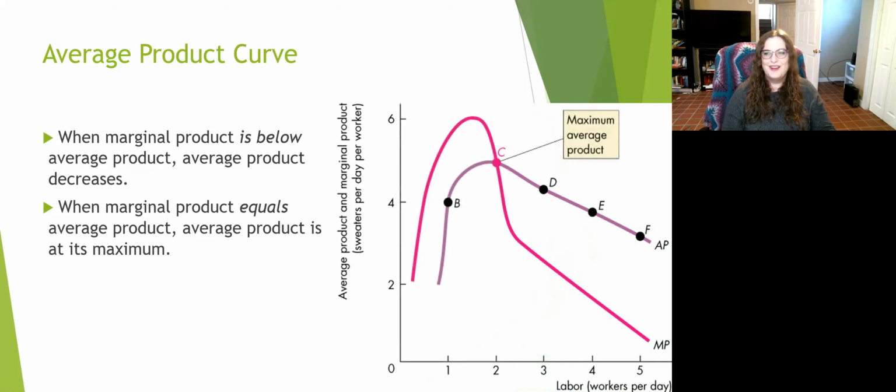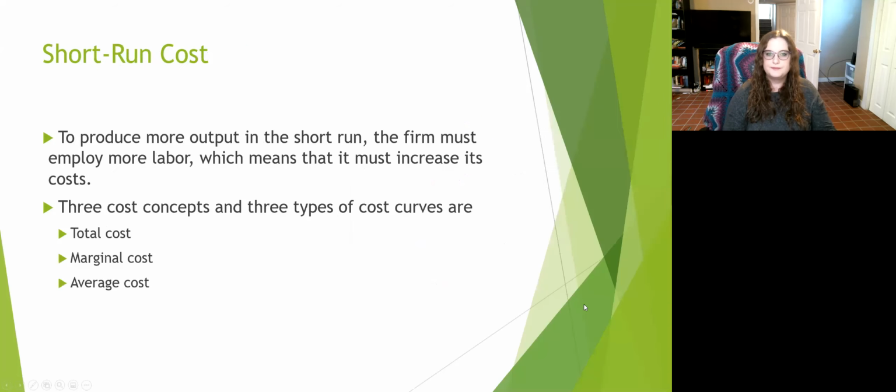Isn't that kind of cool? I think that's kind of cool. So this right here, wherever these two lines cross, we know that that is the maximum of our average product, which makes sense, right? If each additional person after this point brings less and less cookies, then the number of cookies per person goes down, right?